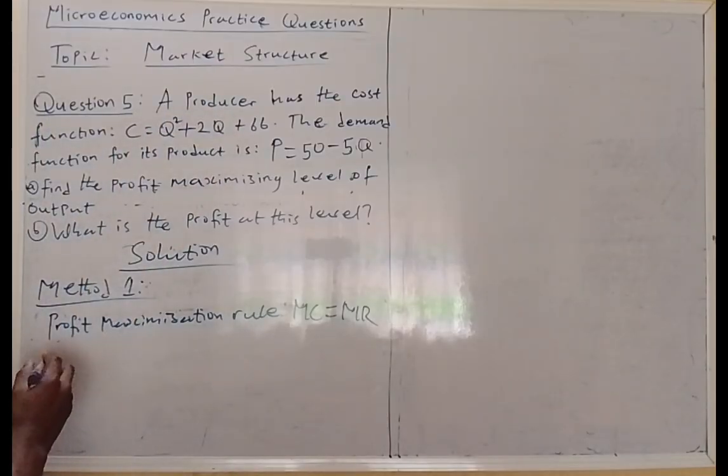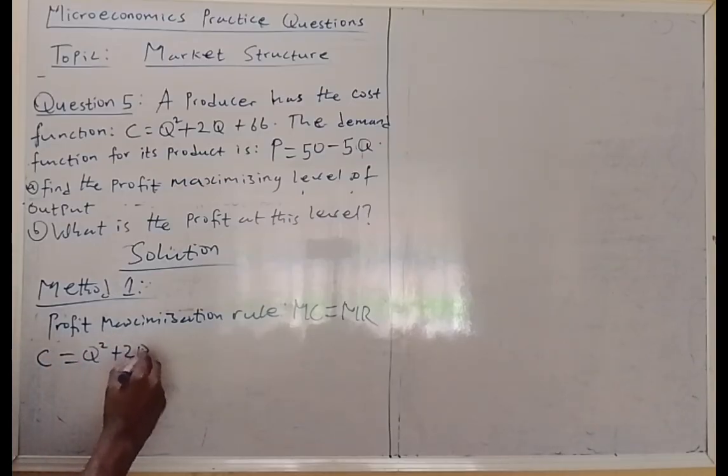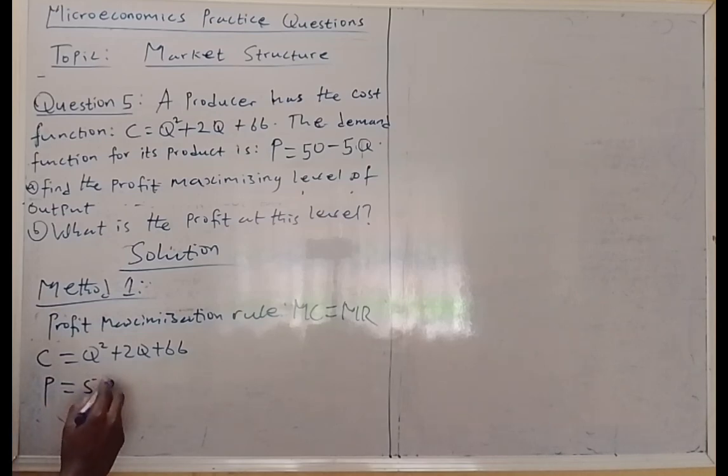And you can see from this question, we are given our cost function, also known as the total cost function, Q squared plus 2Q plus 66. We are also given the demand function as P equals 50 minus 5Q.